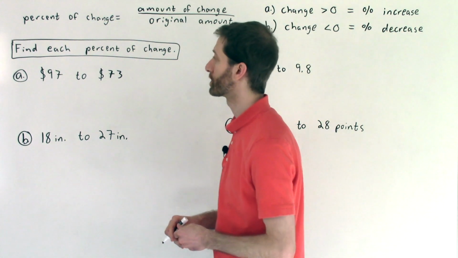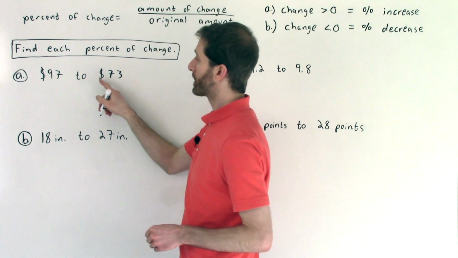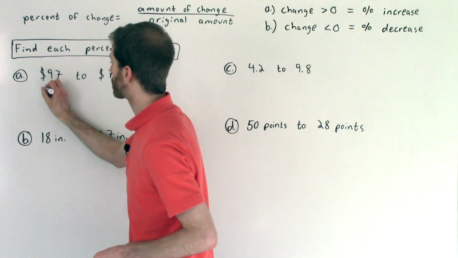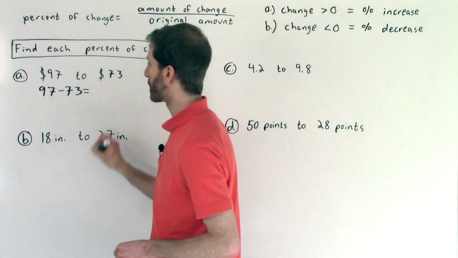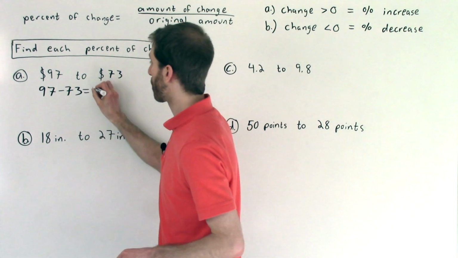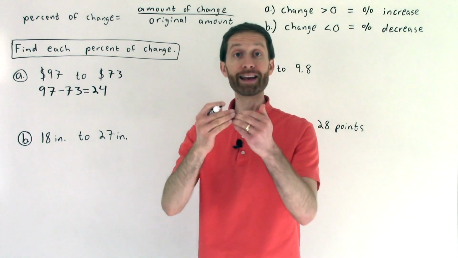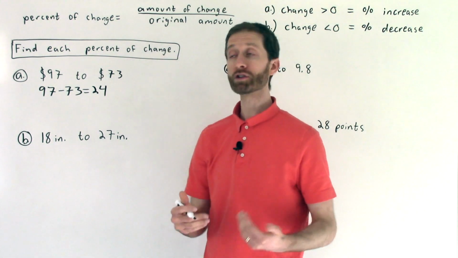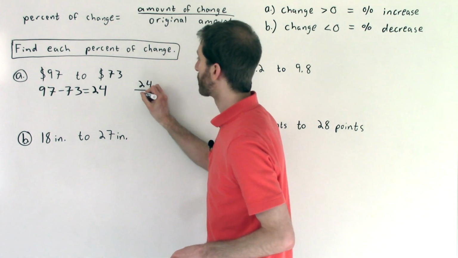So we literally find the amount of change by subtracting 97 minus 73. That's how much we've changed by, and that equals 24. We're going to take that amount and divide it out of the original amount, so that would be 24 out of 97.